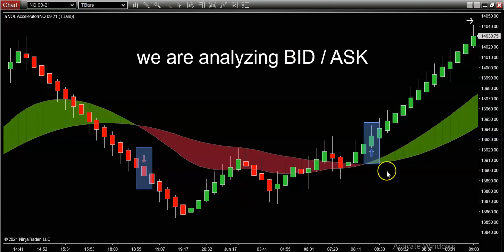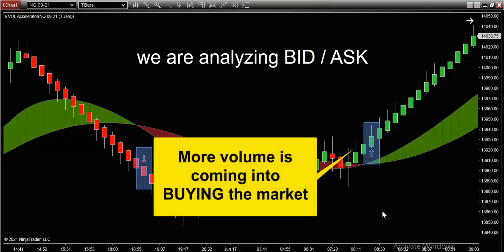All right, now what about on the flip side? This bar right over here where the volume shifted green. What happened on this bar? Well, on this bar, there were more volume transactions hitting the ask than there were the bid. You understand what I'm saying? And what that tells you is that there are more market participants who want to get into the market.